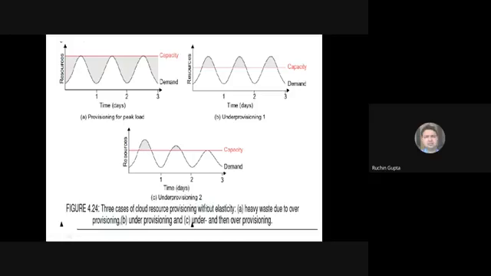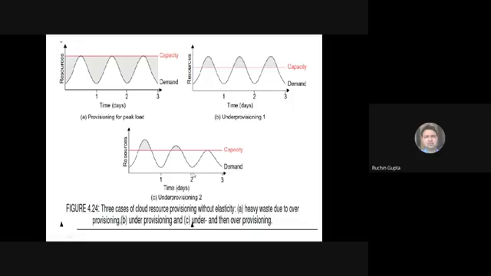So what happens in this figure C? You see that the demand for the resources is gradually decreasing. Initially the under provisioning is there, and gradually the demand slightly decreases after a period of time. So this figure C is basically representing under provisioning as well as over provisioning.